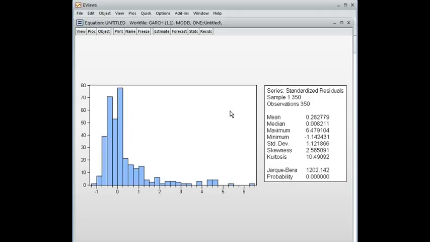We can still accept this GARCH model for prediction and so on, and we can also use the model for other purposes.